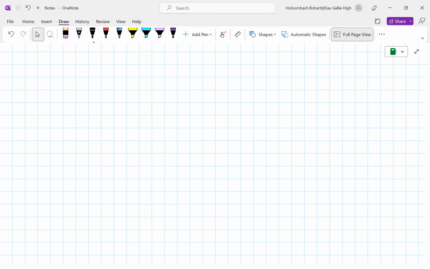So if KJ and KL are opposite rays, they form a straight line. So point K is right here. Here's L, and here's J. Opposite rays form a line, and a line measures 180 degrees.